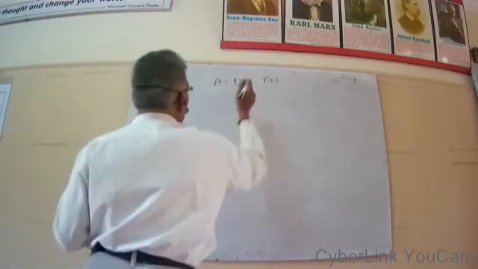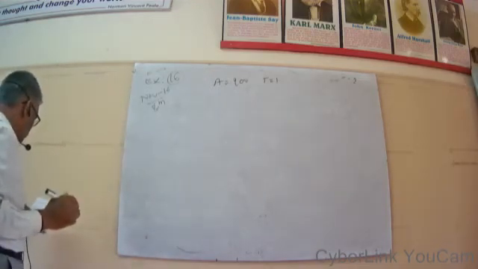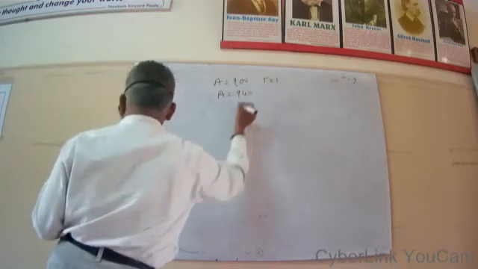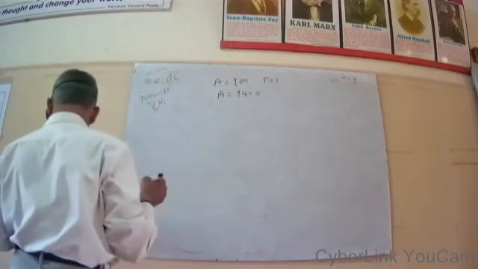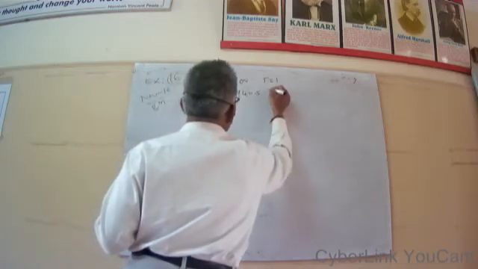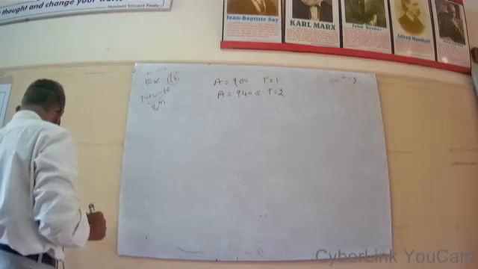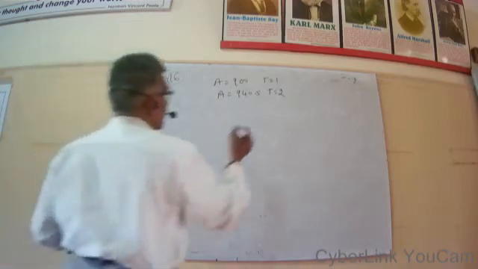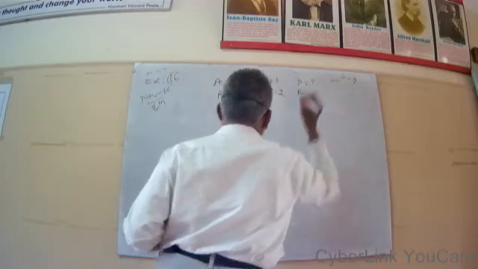And A equal to 940.5 at the end of second year, T equal to 2. Find the sum and rate of interest.